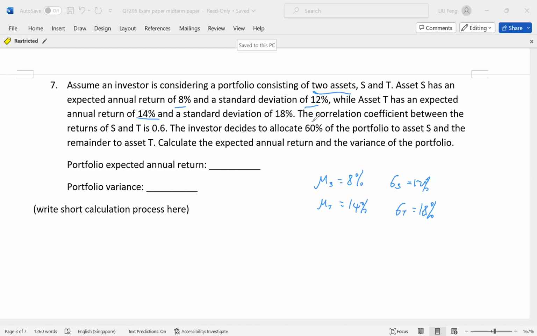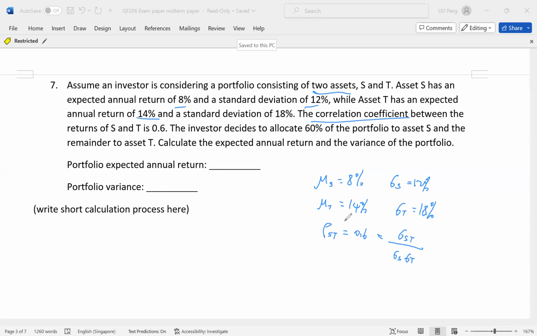And I was also told the correlation coefficient, which is rho ST, is 0.6. All right, so that's the correlation. You should know the definition of correlation, which is essentially a scaled version of the covariance between S and T, right? So we have that covariance between S and T, and we're going to standardize it by the individual standard deviations.